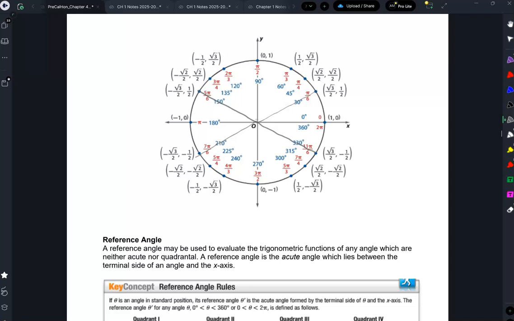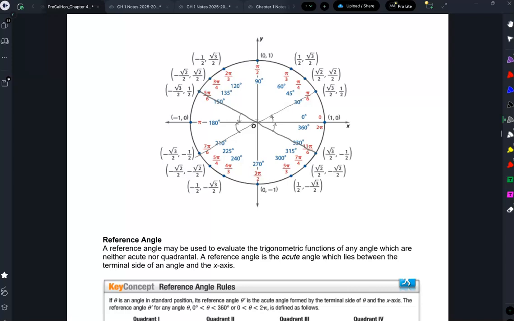You should know what the pattern is for each of these. These are all the angles that correspond to pi over 6. Pi over 6 is like 30 degrees, so these are all the angles that are that many degrees away from the x-axis.